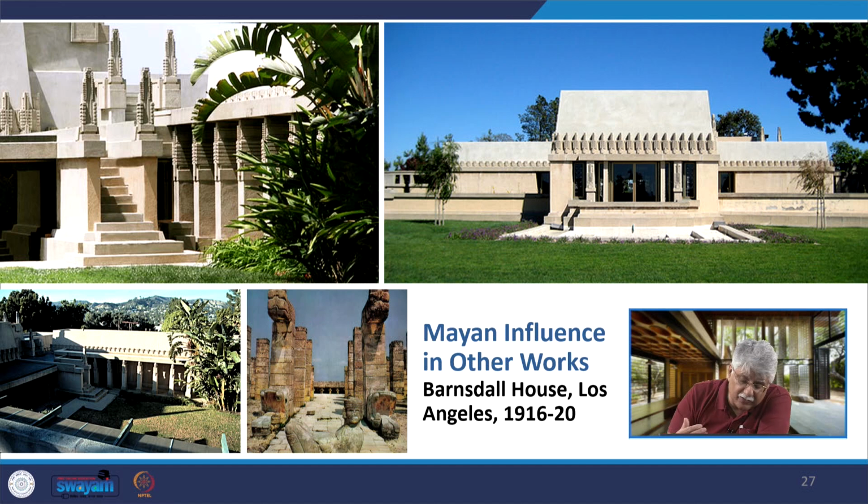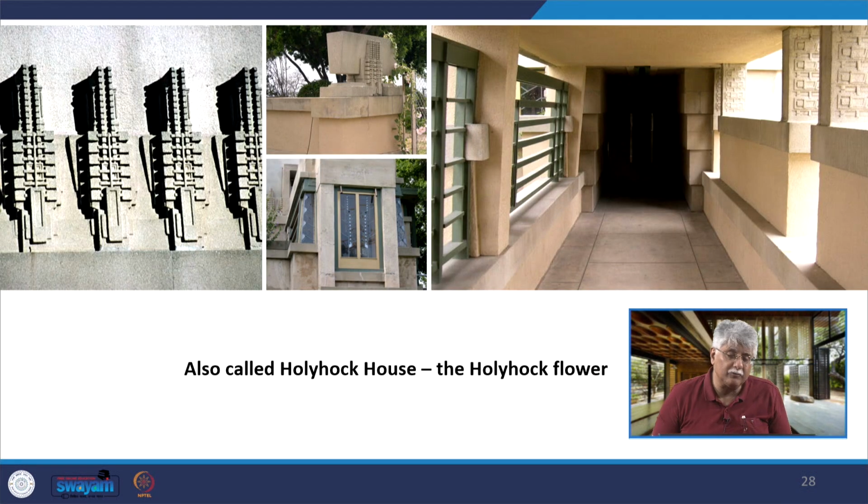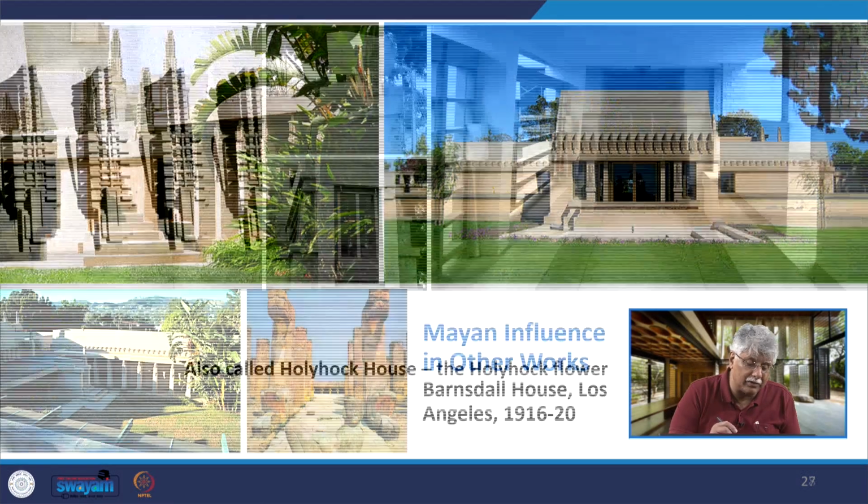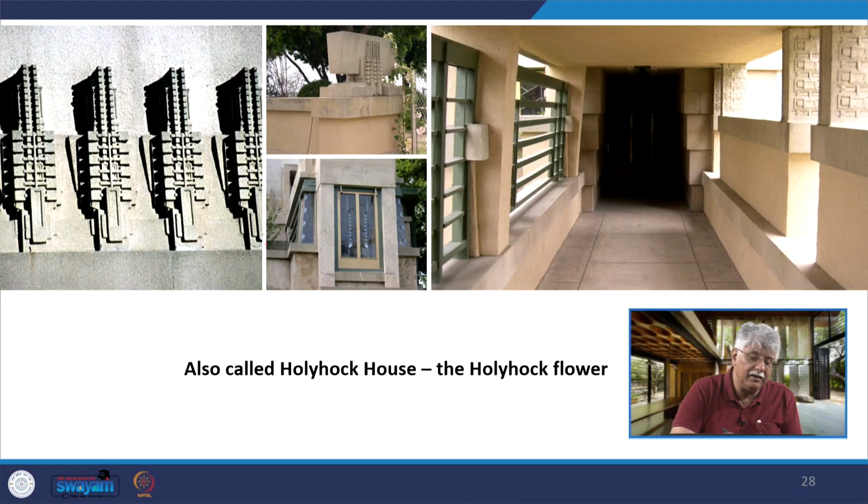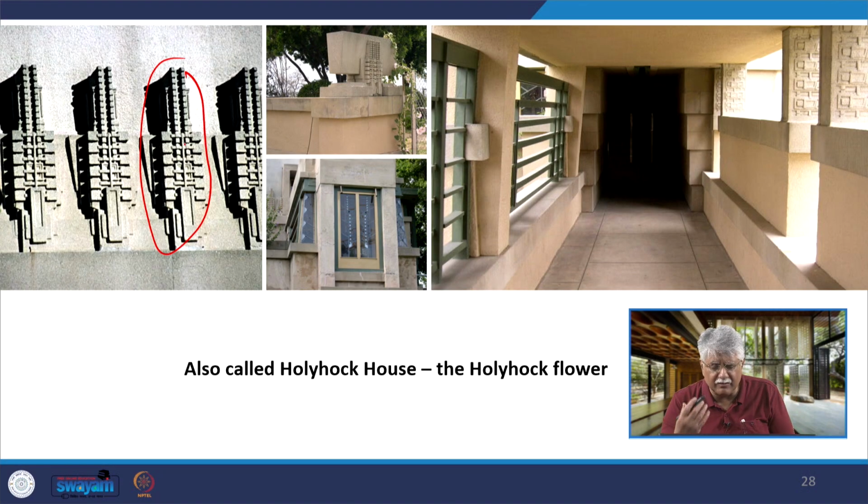So Barnsdall called him to make a house for her with Mayan influence in 1916 to 1920, and it was also called the Hollyhock House because there was a flower, hollyhock, that was growing on the site, and Wright designed some decorative features in concrete using the symbolic representation of the hollyhock.